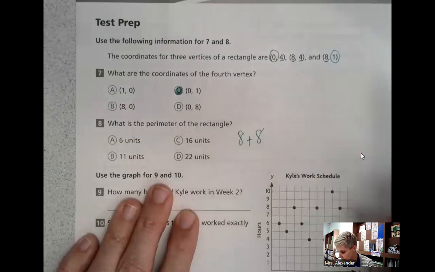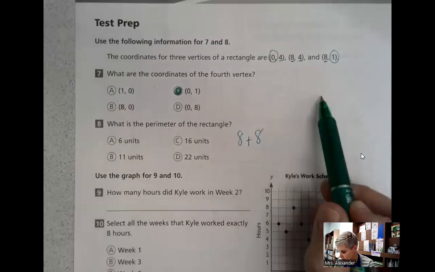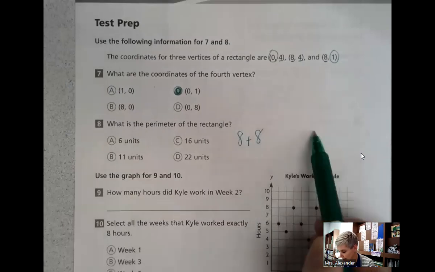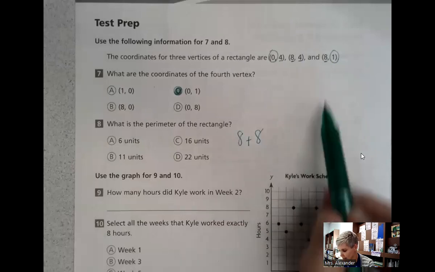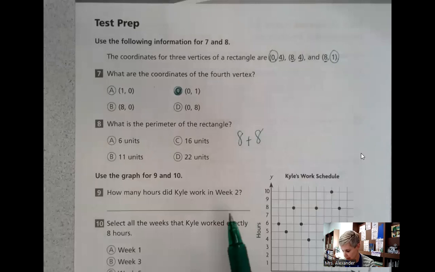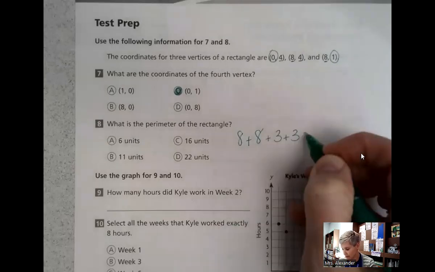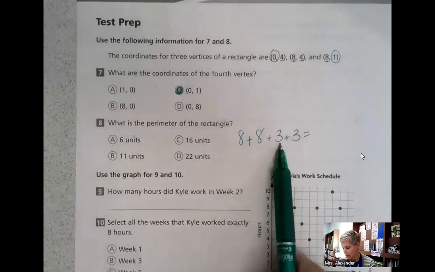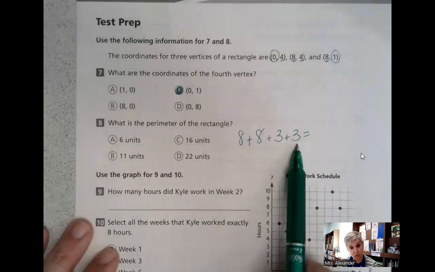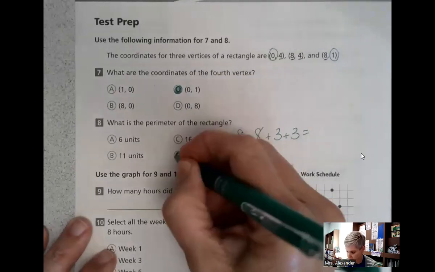Then I have 8, 4, and 8, 1. So I went up 4 and up 1. What is that difference? It would be 3. So I have 8 plus 8 is 16, plus 3 is 19, plus 3 is 22. 22 units. I believe it's letter D.